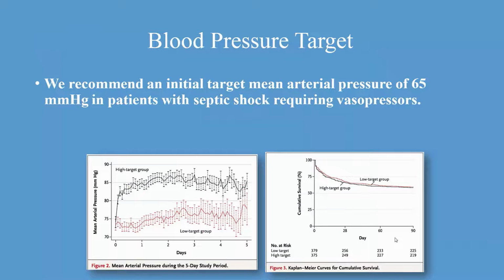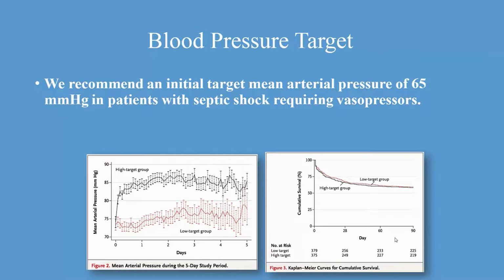Getting back to the surviving sepsis guidelines, there is a specific comment on using a mean arterial pressure of 65 as the general target for your pressor management. And this was out of some thought that maybe supranormal blood pressures might be beneficial in reestablishing adequate tissue perfusion.